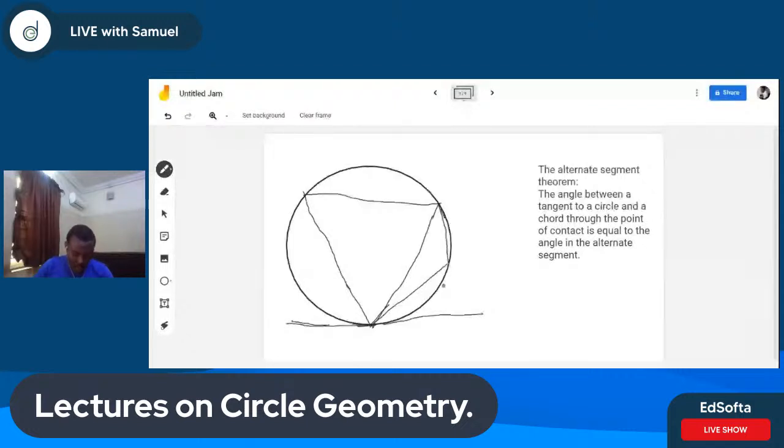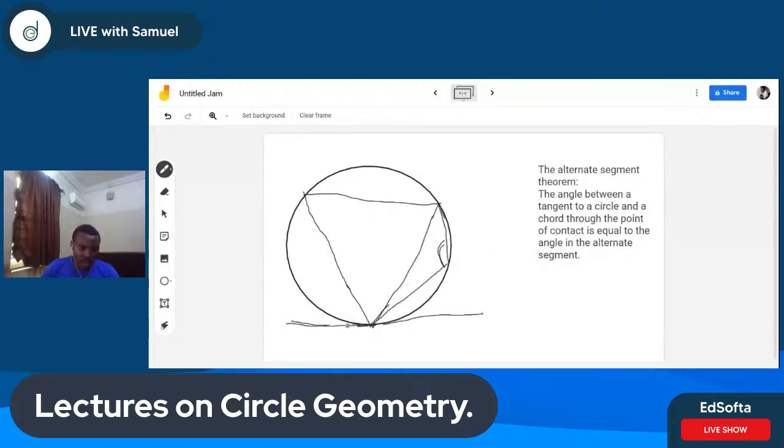So what this theorem is telling us is that this angle is equal to the angle between the tangent to the circle and a chord. This is the tangent to the circle and this is the chord through the point of contact, and it is equal to the angle in the alternate segment.